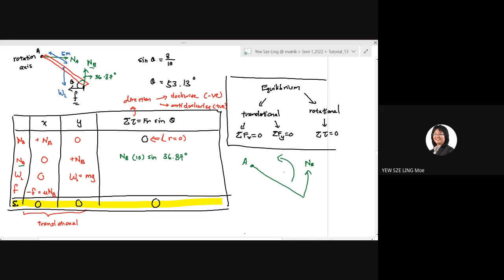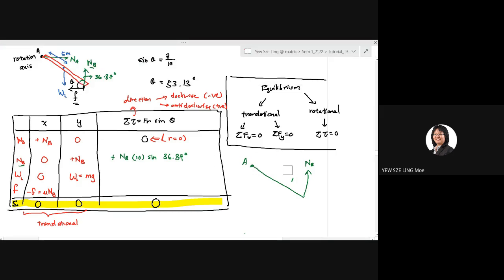Look at the bottom right corner here, I sketch a diagram. You have a straight line which represents the ladder. Imagine you remove all the other forces and just keep NB in the system. If you pull NB upwards, the ladder will rotate in the anti-clockwise direction. So this torque is a positive torque. So we are done with NB.